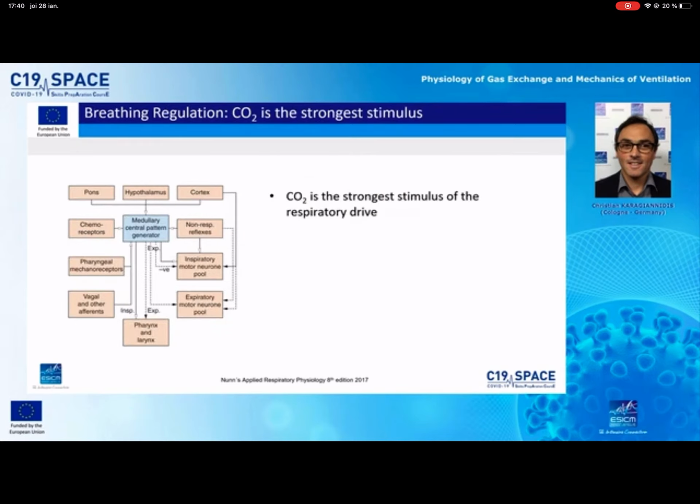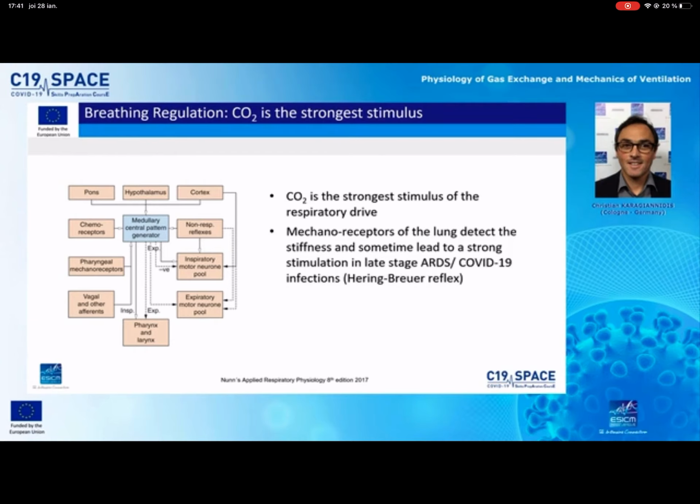CO2 is also the strongest stimulus of the respiratory drive, which you can see sometimes in hypercapnic patients if they are still awake. In regard to the COVID-19 patients, we have not only CO2 as one strong stimulus of the respiratory drive, but we also have mechanoreceptors in the lung, which detect the stiffness in the lung and sometimes lead to a very strong stimulus of breathing.